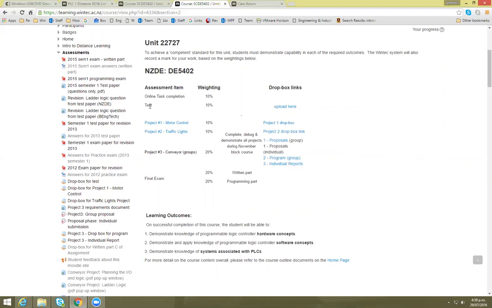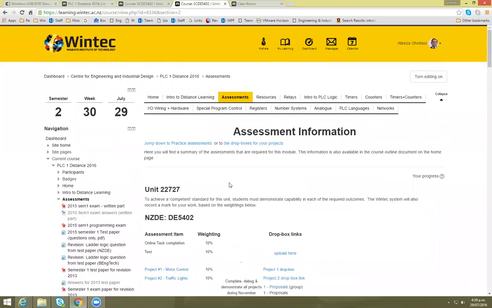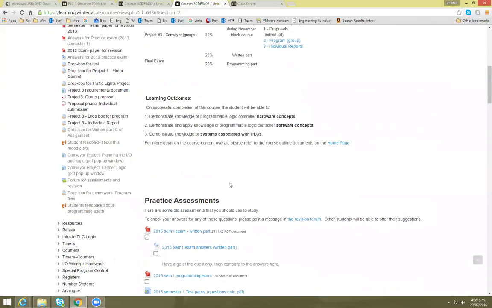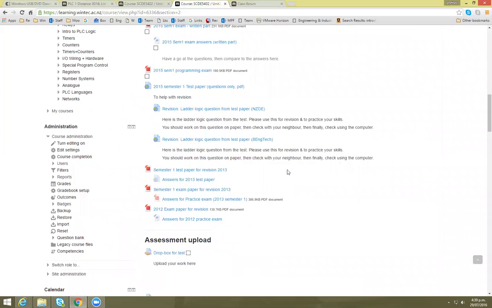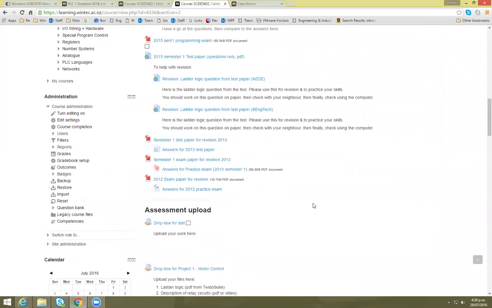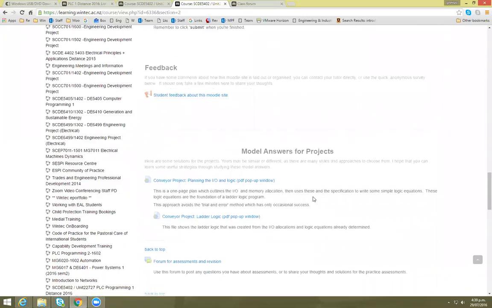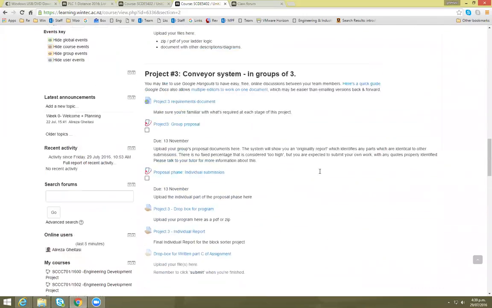We have a test, and also another one is just a task that you are doing, and there are multiple tasks. Detailed information is available, and also you have access to practice assessments, which are very helpful, and you can also see the Dropbox to submit these assignments.